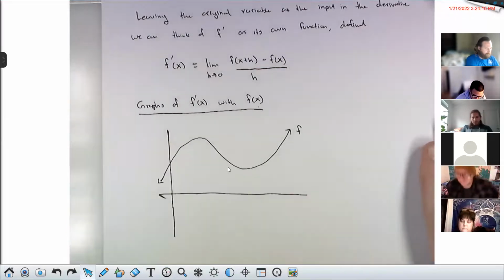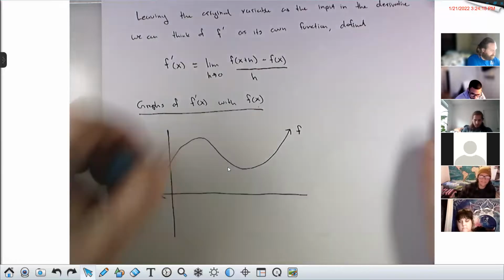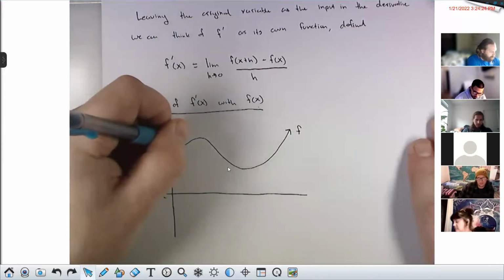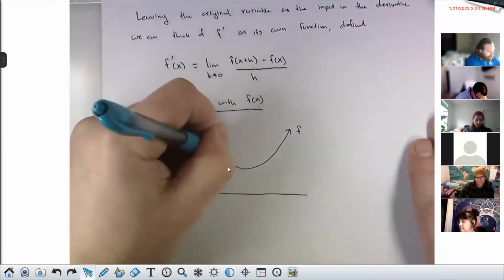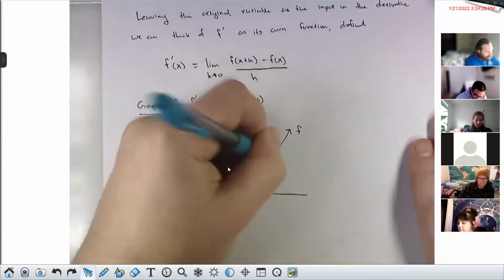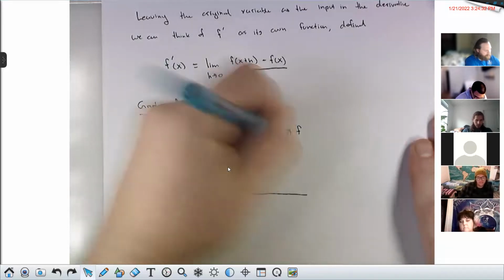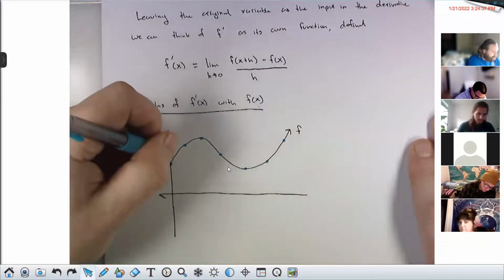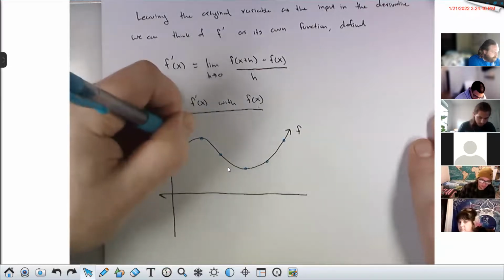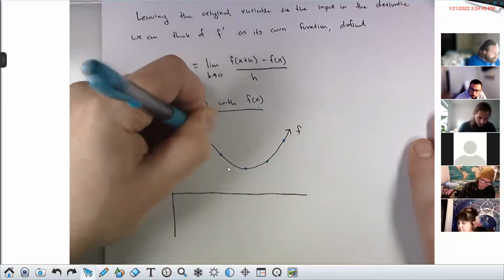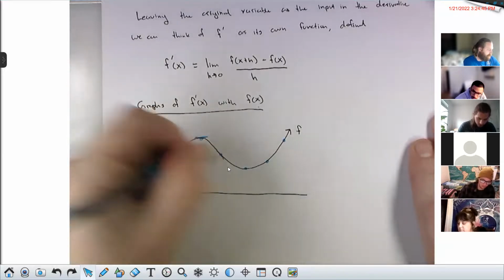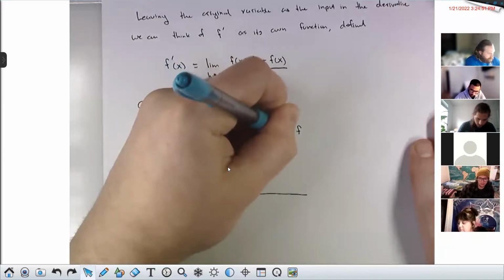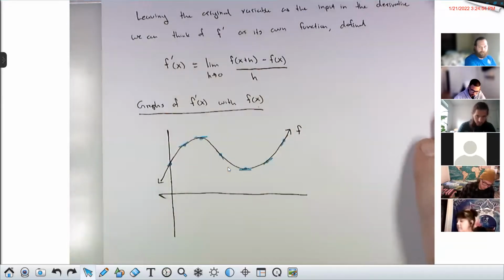So here's what I'll do. Let me use blue for this. Take a point here, and here, and here, here, here, here, and here. And we can just shade in little segments of tangent lines at each of these guys.